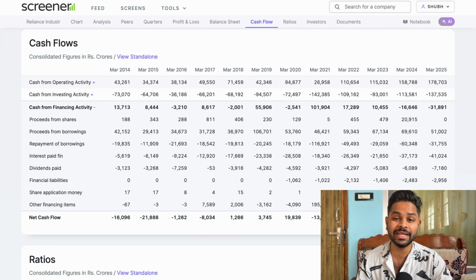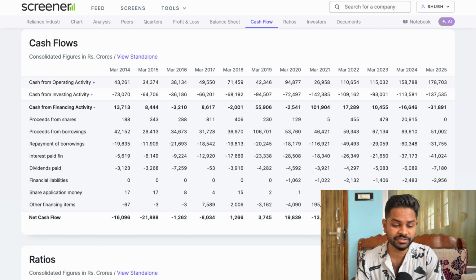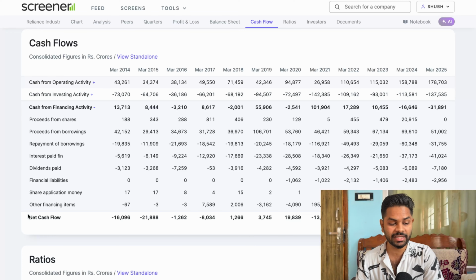Other financing activities, minus 22,078 and 22. This time money has come into the business from other financing activities, right? It means they have sold something or received money. This time they have received 22 crores, it's in crores. Last time they paid 1,780 crores and money went out. This time they have received 20 crores from other financing activities.